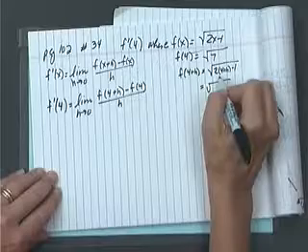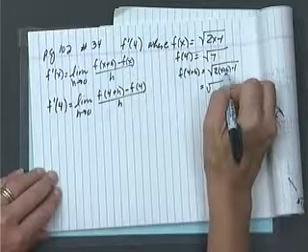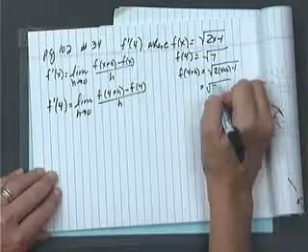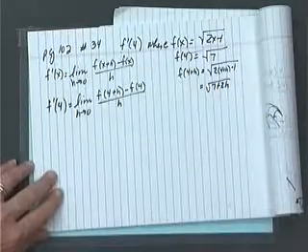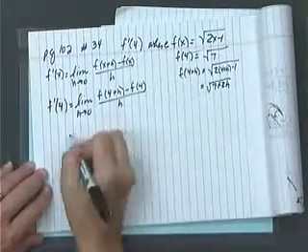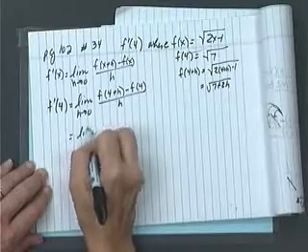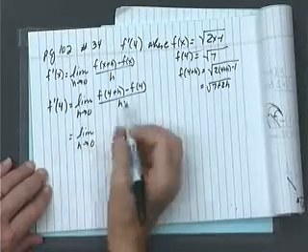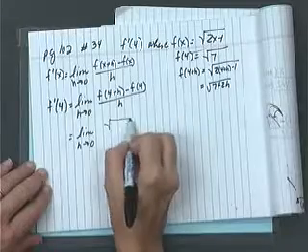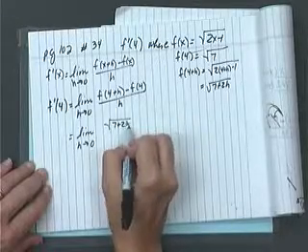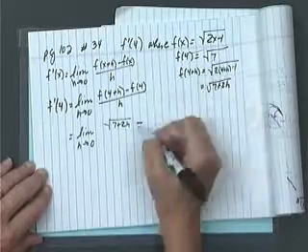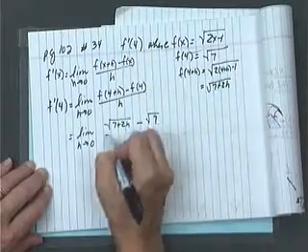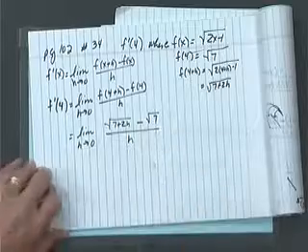So this would be the square root of 8 plus 2h minus 1, which will be 7 plus 2h, right? All right, here we go. Limit as h goes to 0, square root of 7 plus 2h minus f of 4, square root of 7, over h.